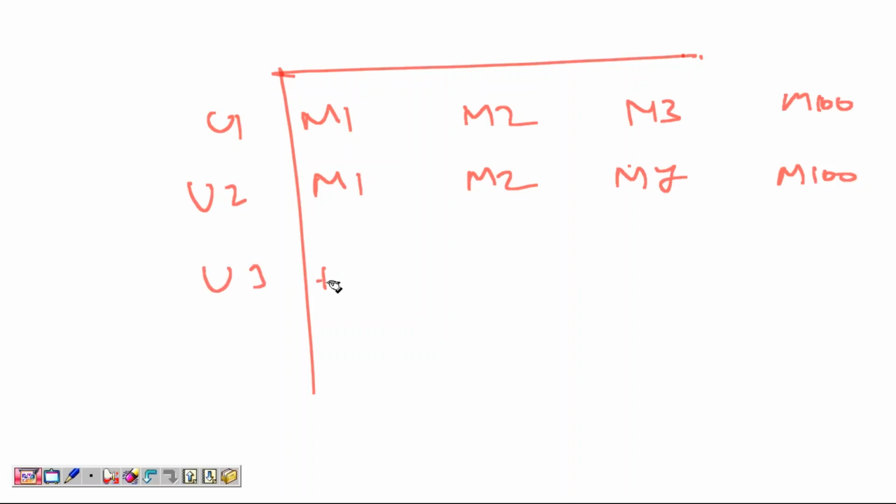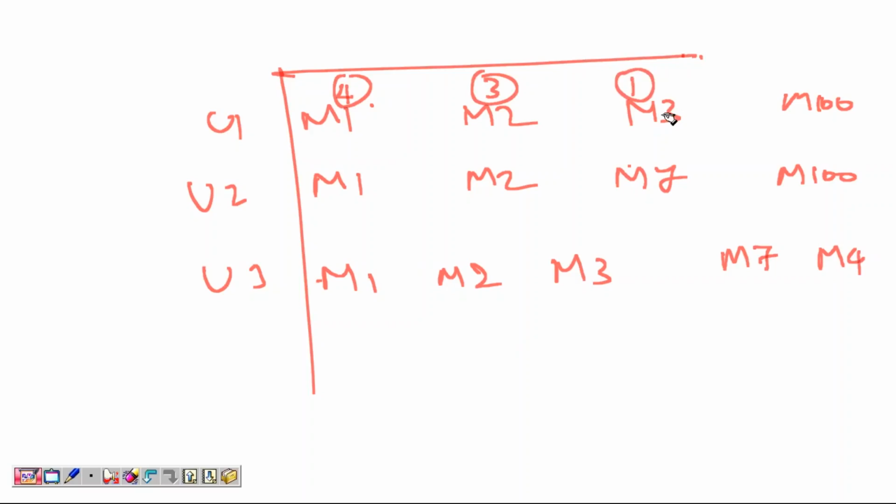User 3 has watched movie 1, movie 2, movie 3, movie 7 and movie 4. User 1 gave a 4 rating for movie 1, 3 rating for movie 2, and 1 rating for movie 3. That means he doesn't like it. Think that less than 3 he doesn't like, greater than 3 he liked it.